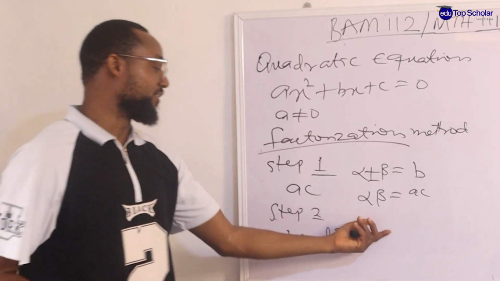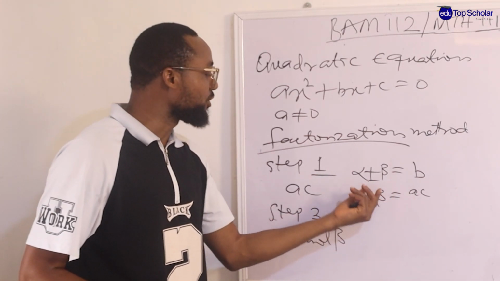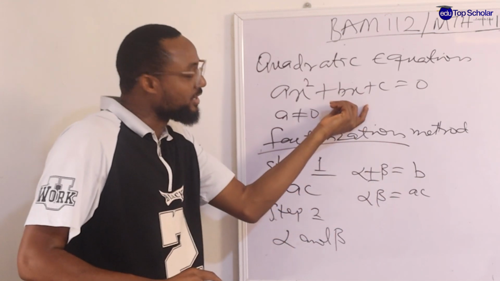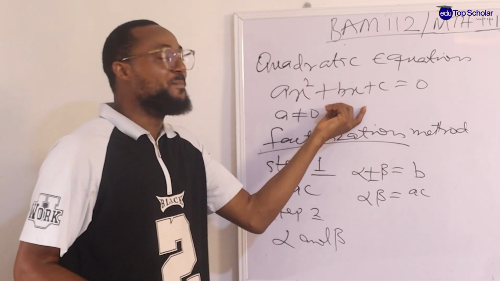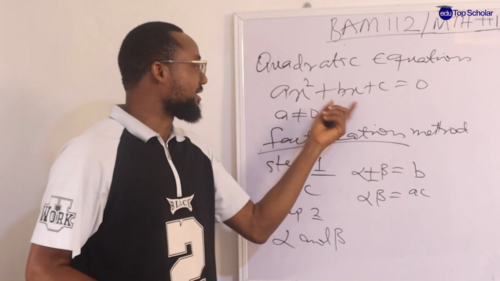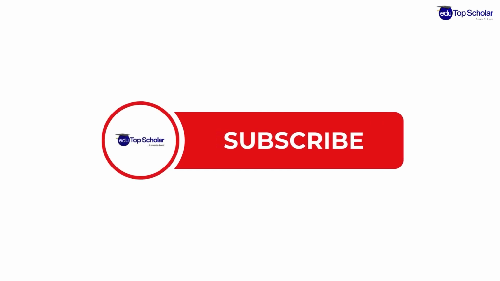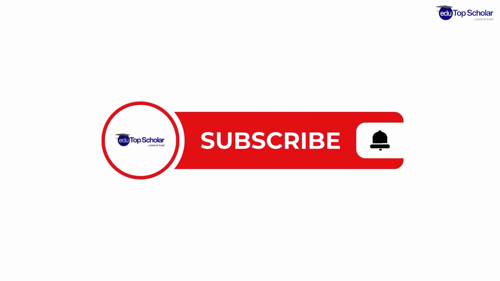And after we have this, we now substitute the values of these factors, alpha and beta, back into the given equation in place of B. We can see that B here is the coefficient of variable X. Now, let's take an example.